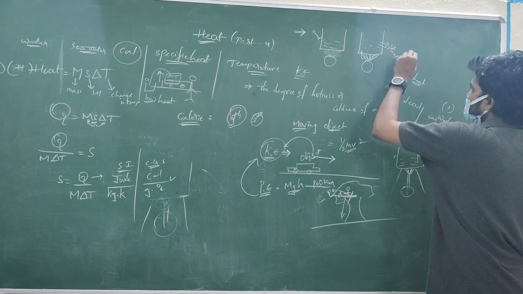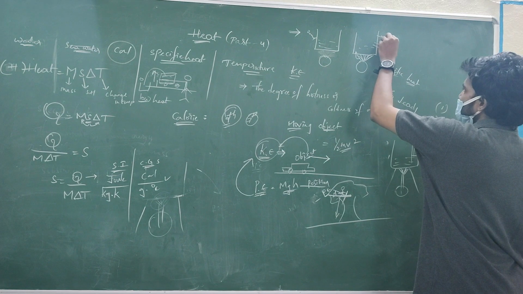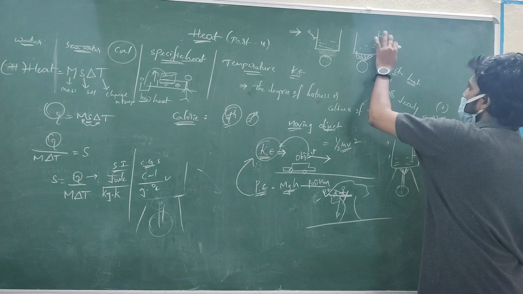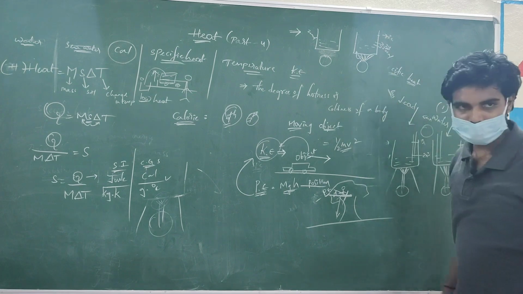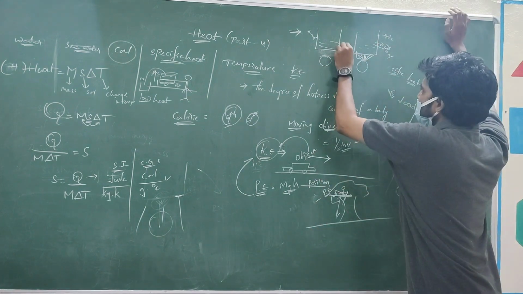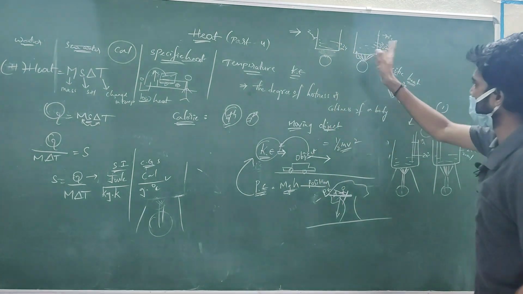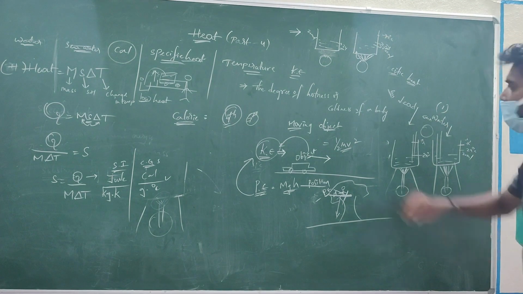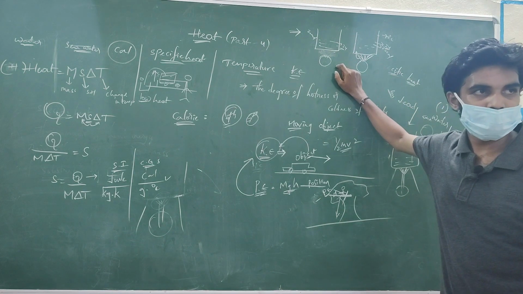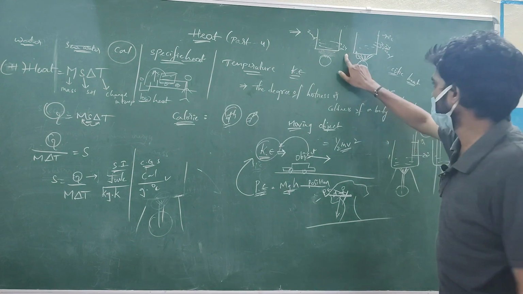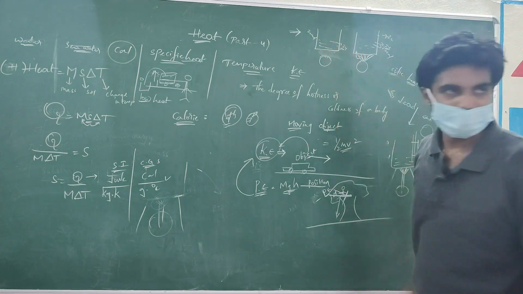It is in the beginning 24, and after some time it is going to become 35. We still waited for it to become 70 degrees centigrade, right? But in the first beaker it's still at 24. Why did the difference happen here? Because in this beaker we are giving heat energy, but in this beaker do we give heat energy? No, right? It is still at 24 because we just put off the stove.